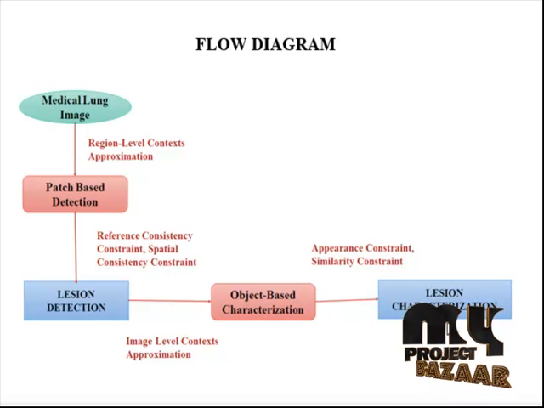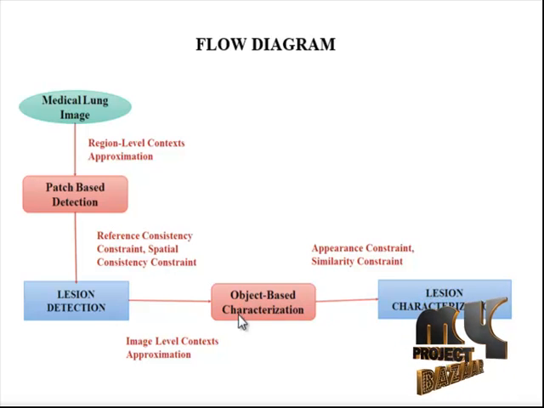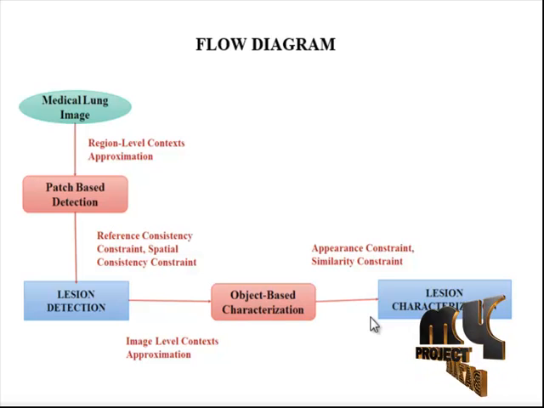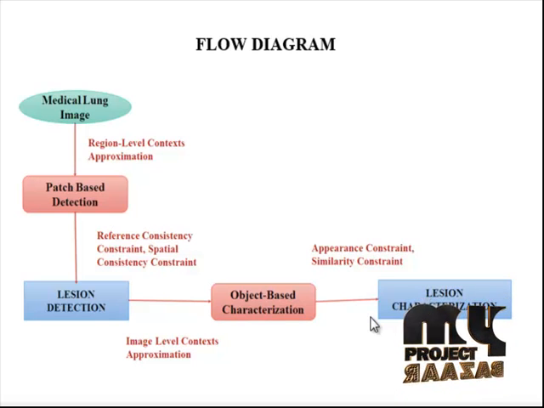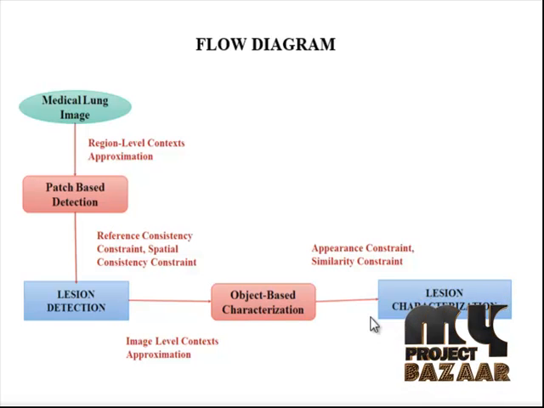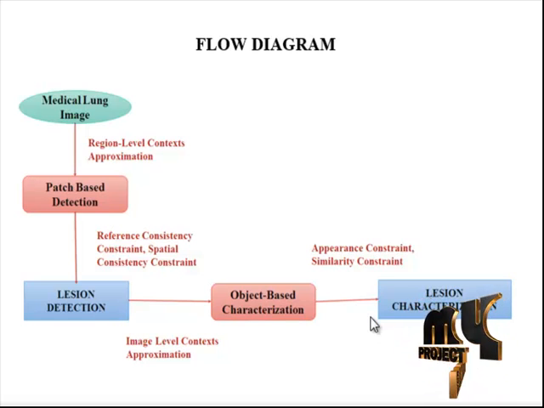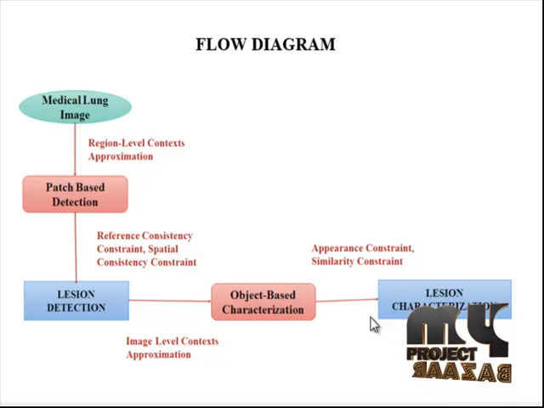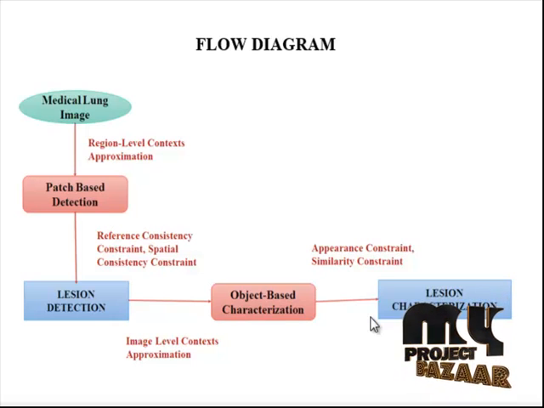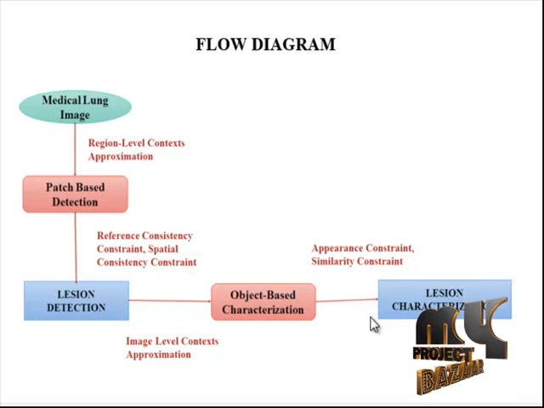Next, in lesion characterization, an object-based characterization approach is used. In the object-based characterization module, features are characterized as LT, LN and MC. Simple spatial features are then computed for the detected lesions, and the lesions are characterized as LT, LN or MC. Here, approximation with image-level context is approximated by a weighted combination of multiple other images.